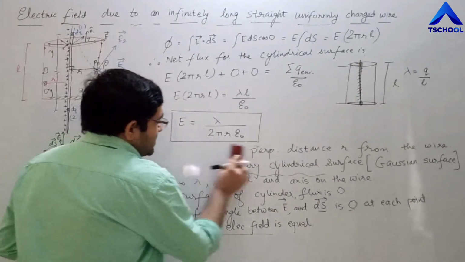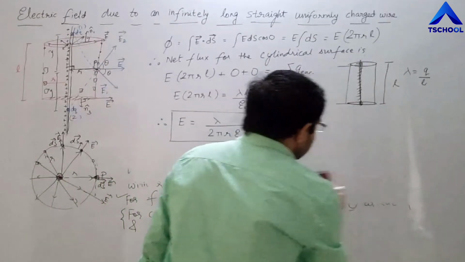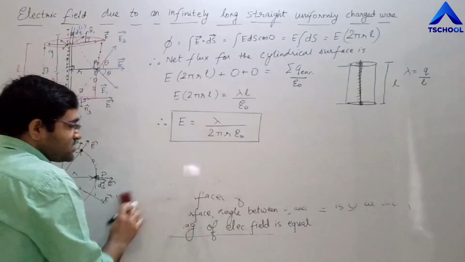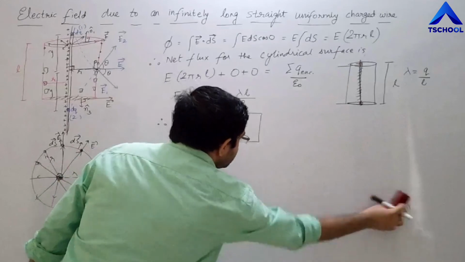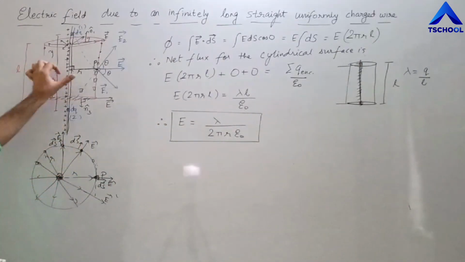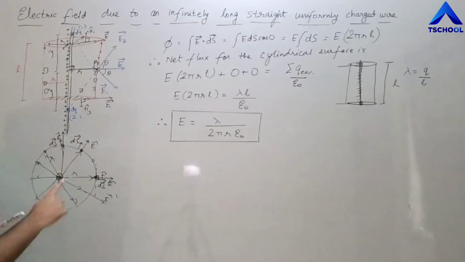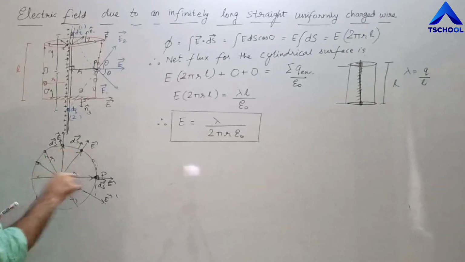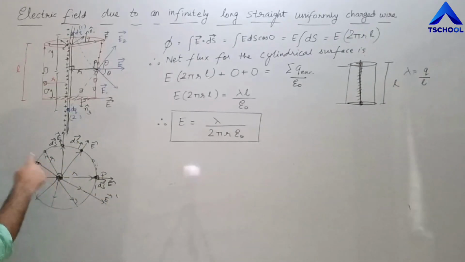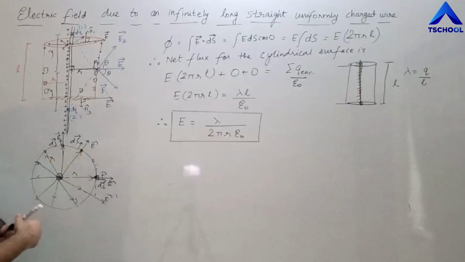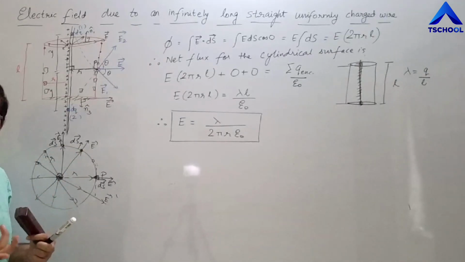Now there's one thing missing here, and that is writing the direction. This is the magnitude of the electric field at a distance r from that wire. But what about direction? Well, have a look at this diagram. Like I said, the electric field is going out in every direction, out from the wire. So this direction is called radial.